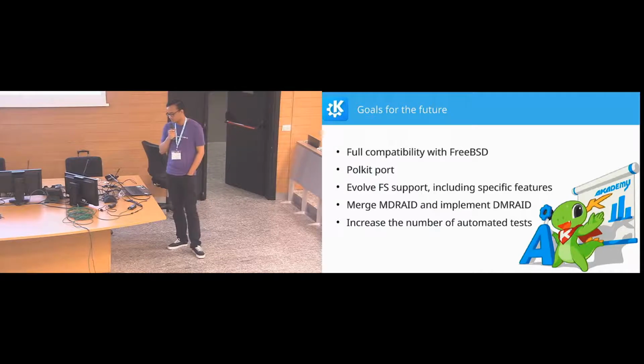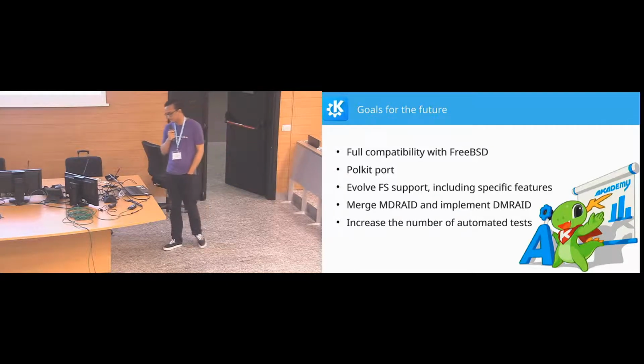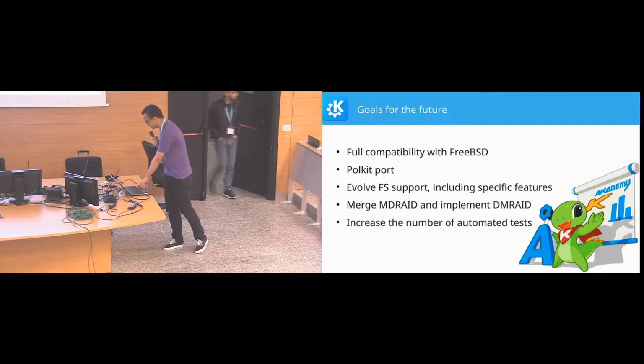And we want to evolve FS support, include some specific features for file systems, and merge MD RAID and finish the implementation of DM RAID. And another goal is to increase the number of automated tests, because now we do not have a proper number of tests in KDE Partition Manager.